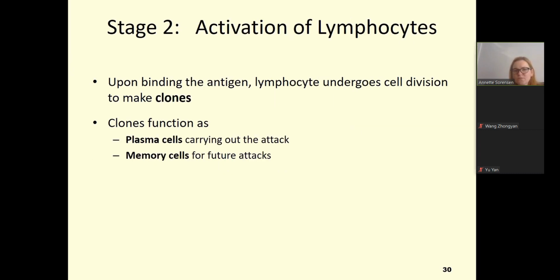Activation: the lymphocytes bind to the antigen, they will undergo cell division, and we will get clones. We've already talked about that in the schematic. Now, for the B cells, we get plasma cells, and these plasma cells then make antibody, and it's those antibodies which attack the antigen, and you get memory cells made for future attacks.